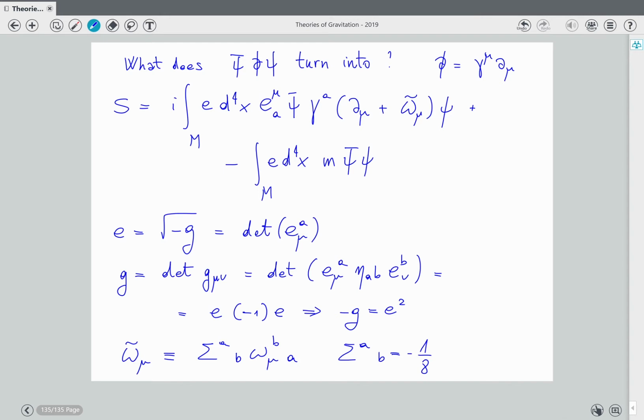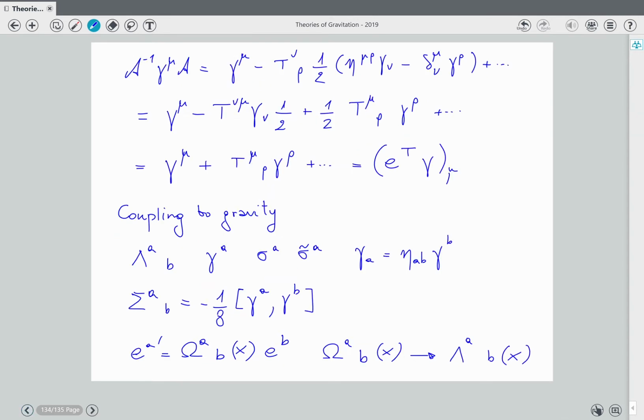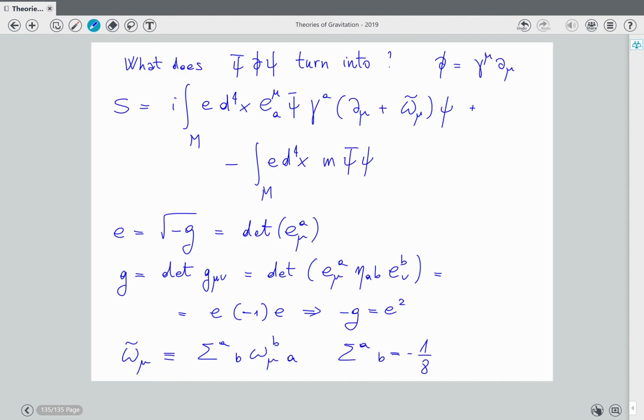Sigma AB we had defined already, yes, here it is, with -1/8, gamma A, gamma B. So this is the trace of sigma omega, where sigma is this matrix with spinorial indices, and omega is the spin connection.